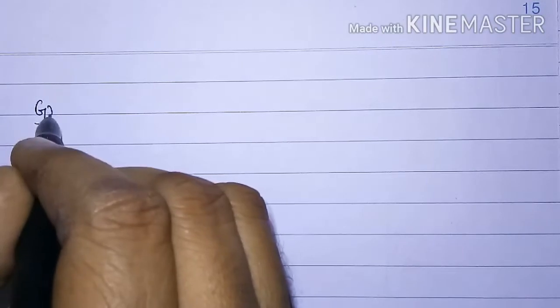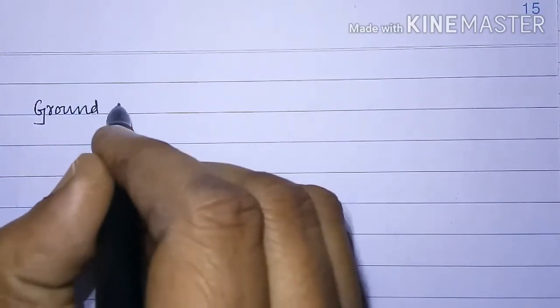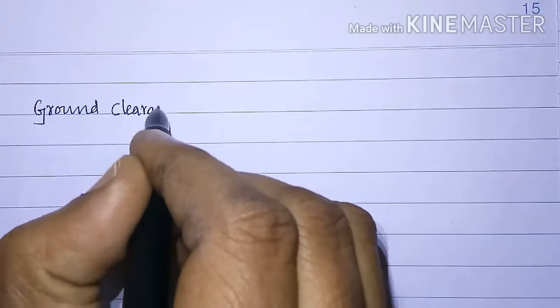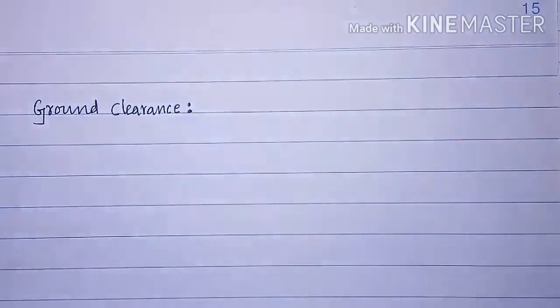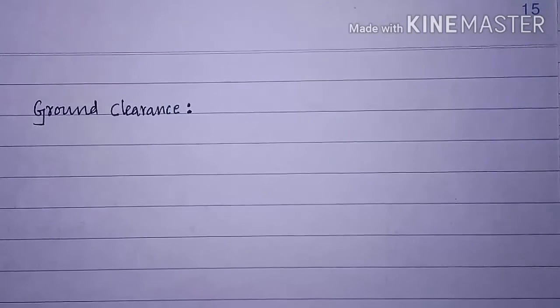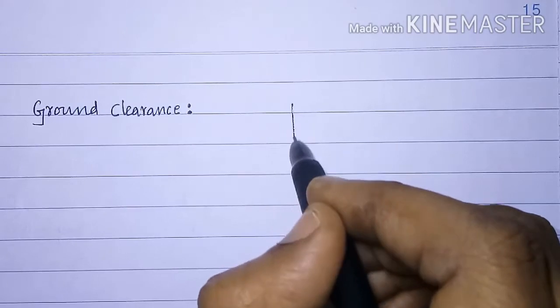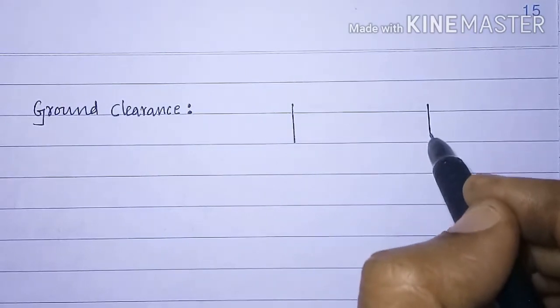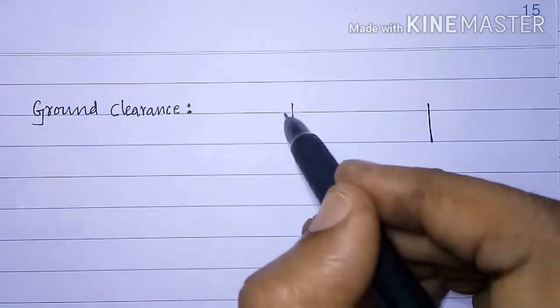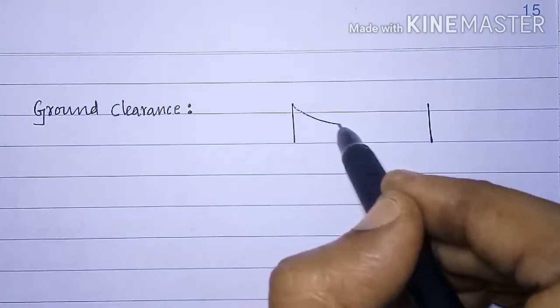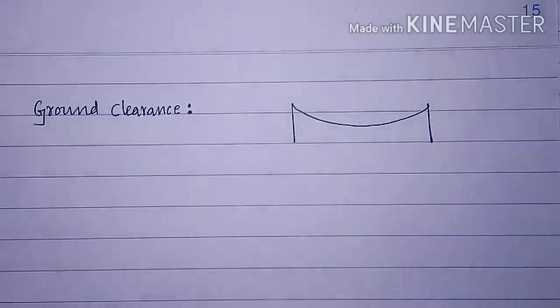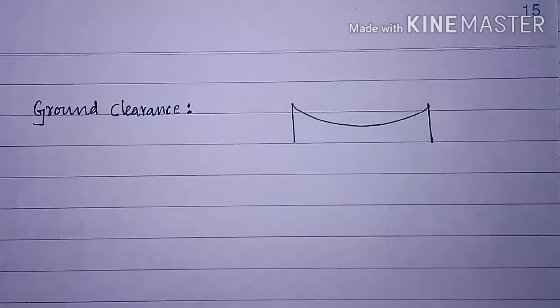Next formula is for calculating ground clearance. Ground clearance means at what height from the ground the conductor supported by two towers should be placed.